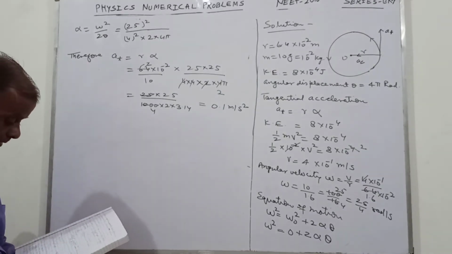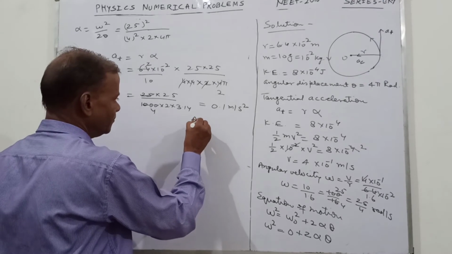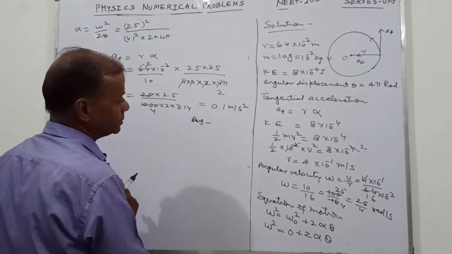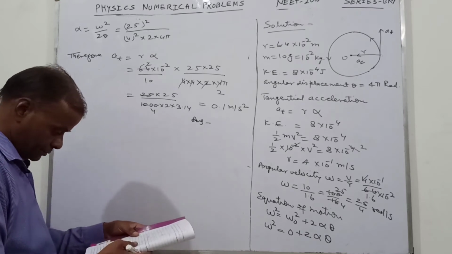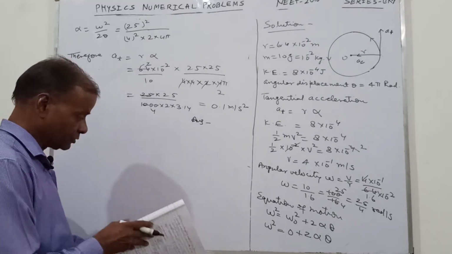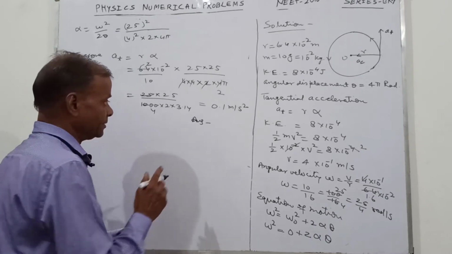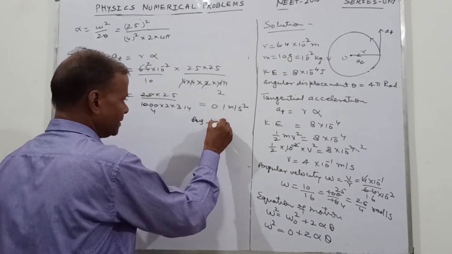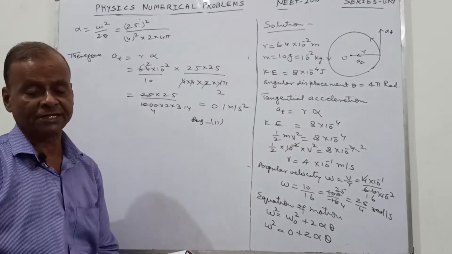So the answer is, our choice that we have selected here is 0.1. This is now the third answer. This is one way to find this tangential acceleration.